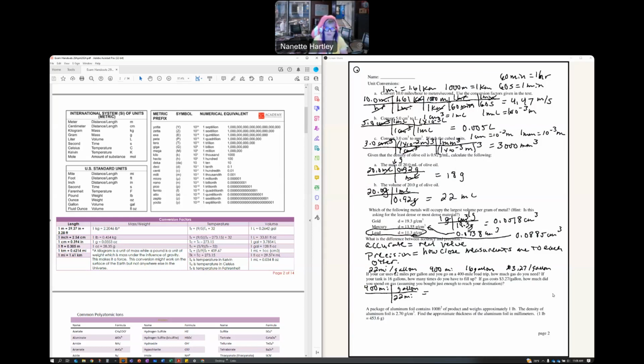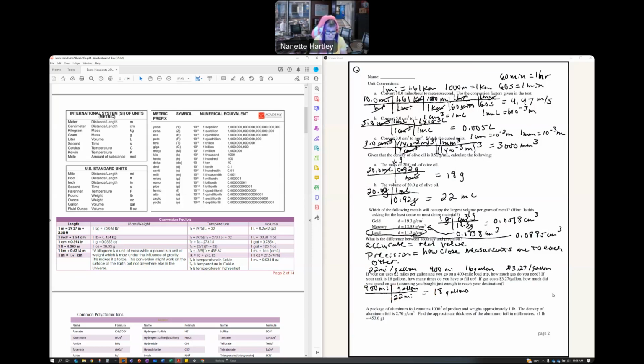Looking at those numbers, I think we're going to call 22 the most precisely known. 400 we can guesstimate as all three being significant, so I'll call it 2 sig figs. So that would report 18 gallons.